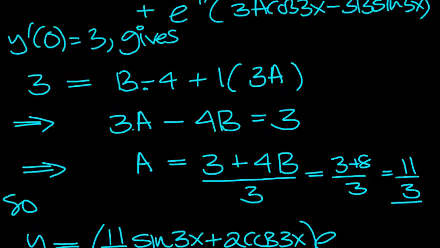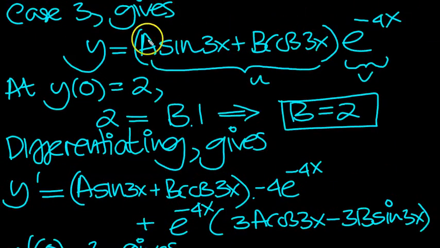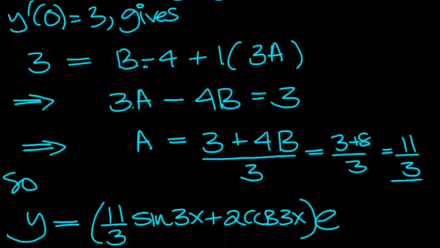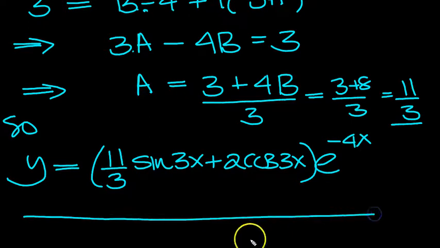I'm just going to go back up. I think it's 2, but I'm just going to check what alpha was. Oh no, it's minus 4. Here it is here, a and b, and it's e to the minus 4x. So there we go, put that in. A was 11/3, b was 2. So there's the final particular solution.